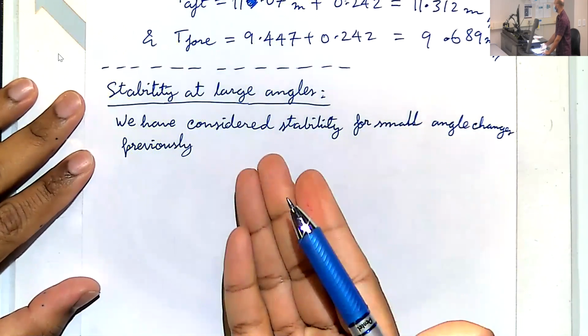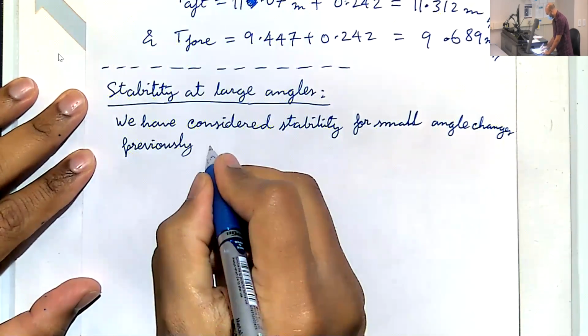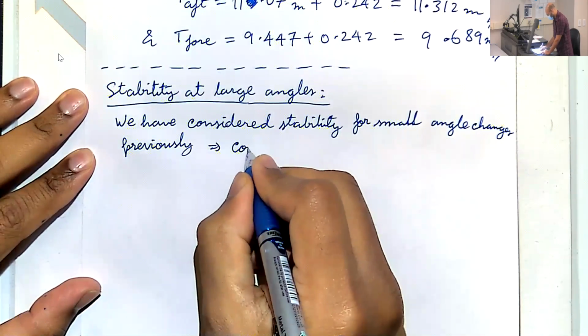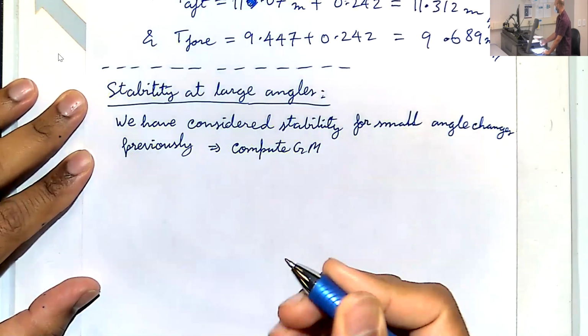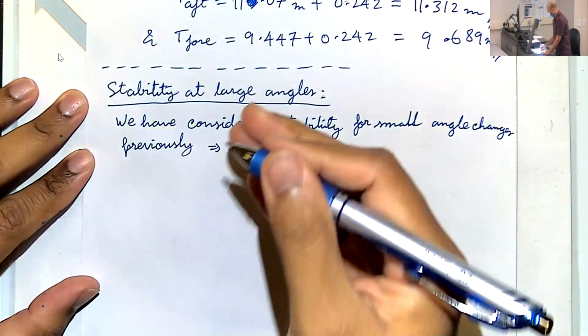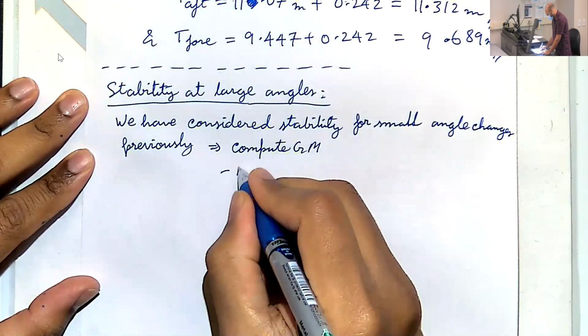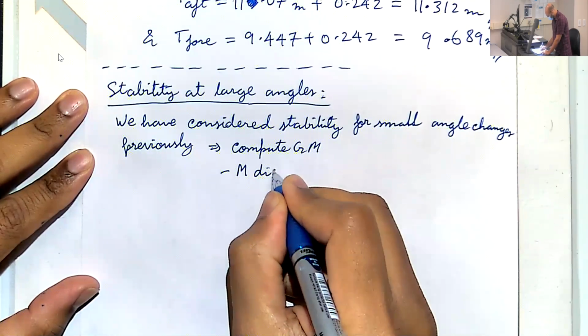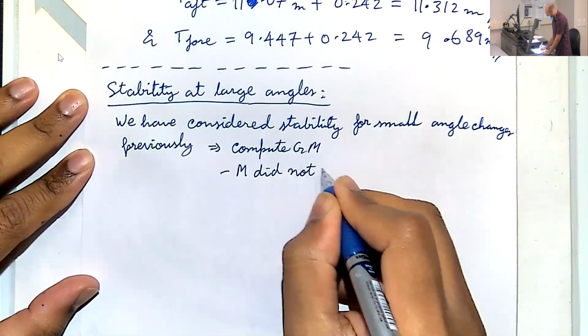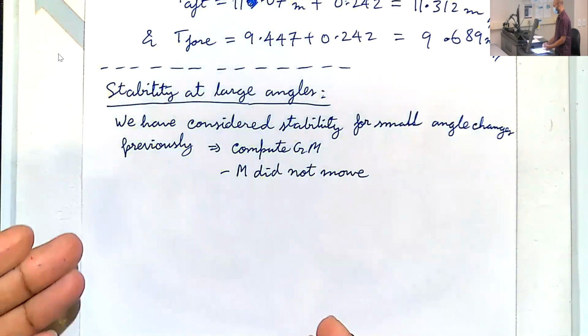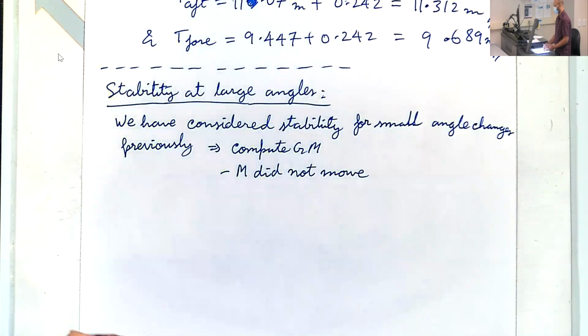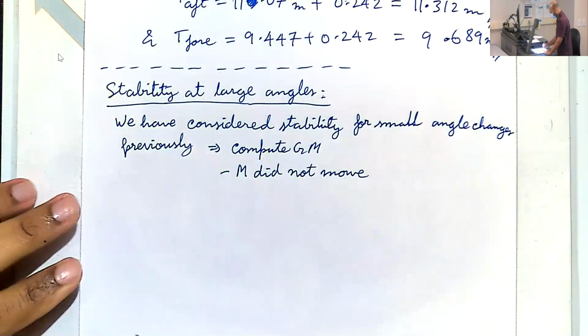Okay, and for small angle changes, what we did was we computed the GM, okay? And if it was positive, we said, all right, this is stable. And with small angles, M did not move. That was one of the big assumptions. The M location doesn't change a lot for small angles. Okay. But that's not true for large angles anymore.